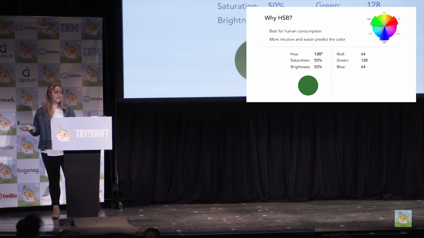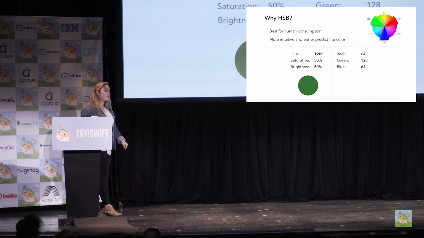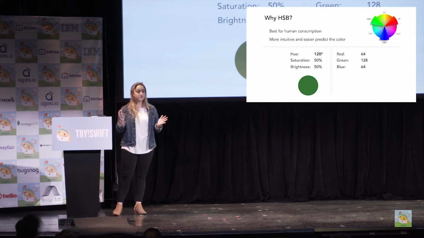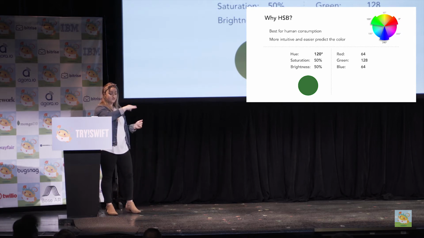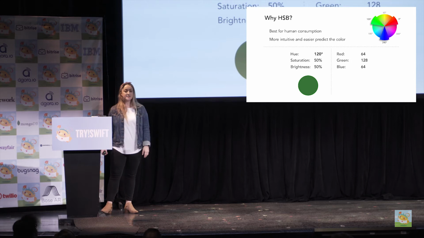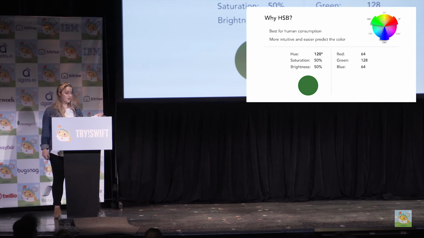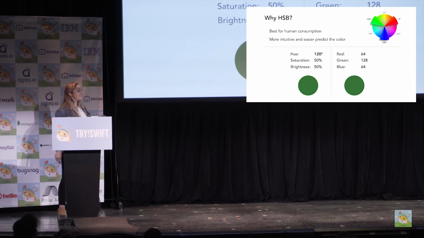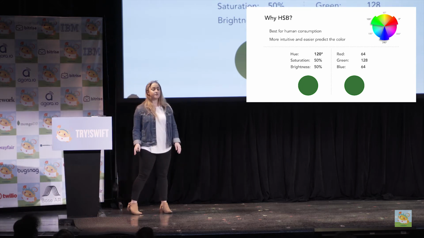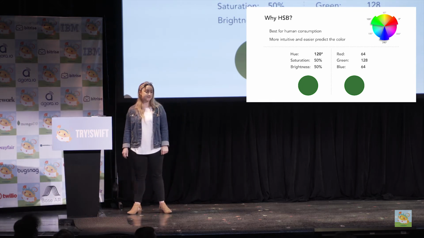Now, with the RGB color space, unless you've memorized all the combinations from 0 to 255 for each of the R, G, and B components, it's going to be pretty challenging to understand exactly what color is going to be output. Now, for those of you still sitting there trying to figure it out, I'll give you a hint. It's the same green. Now, let's move on to our next topic of contrast and how it applies to accessibility.